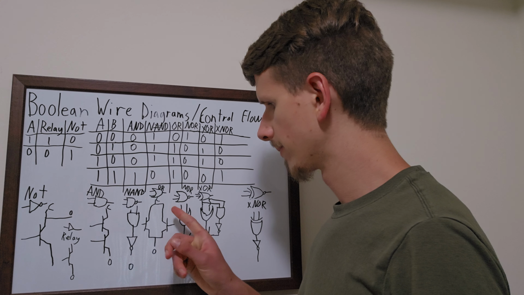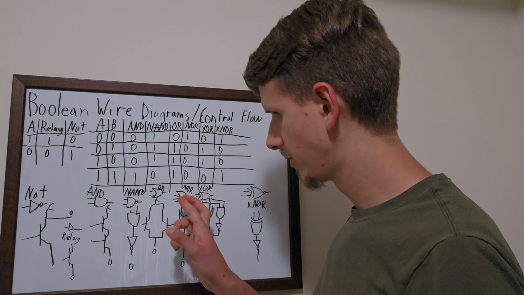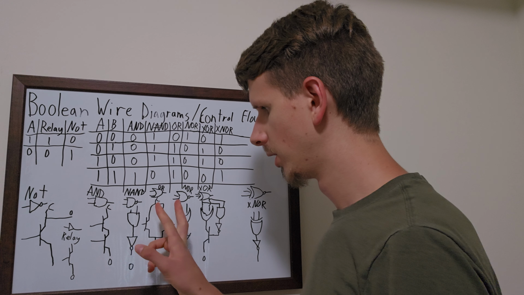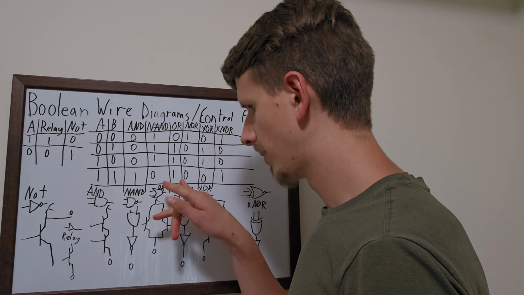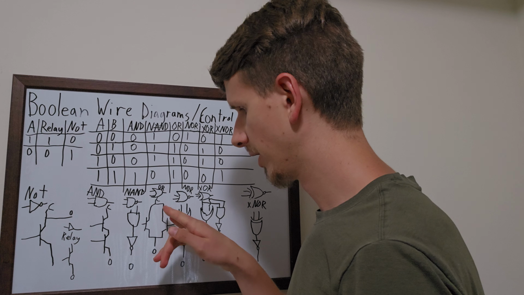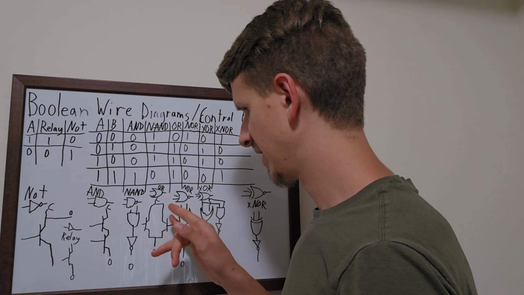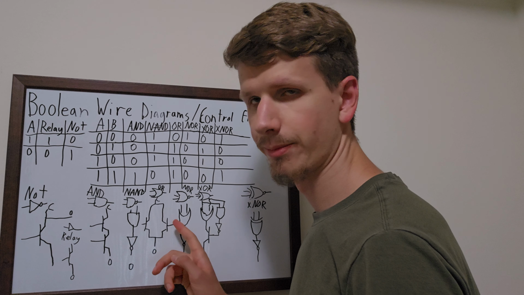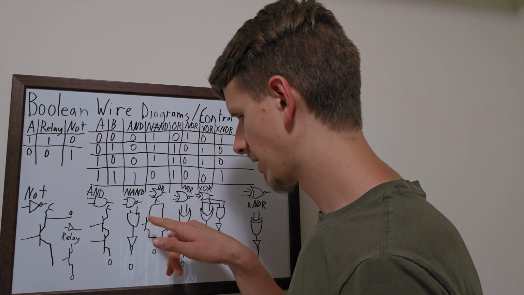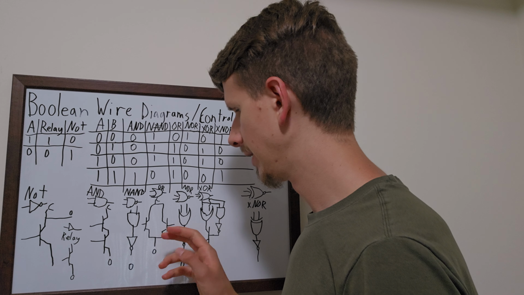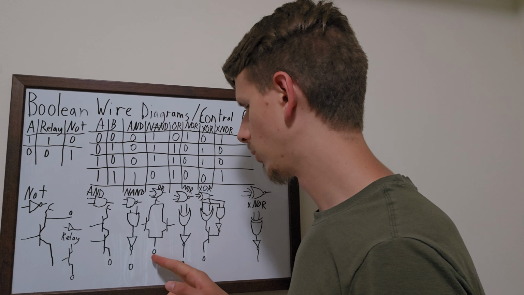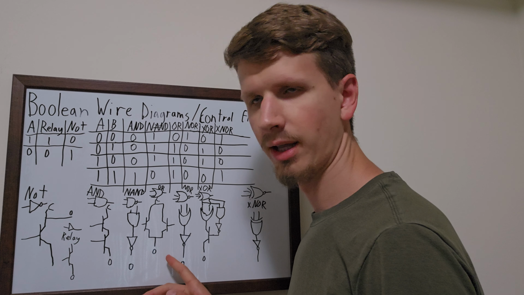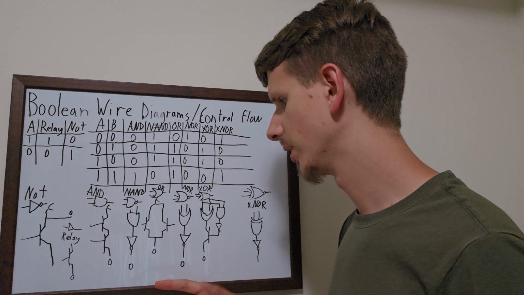And then with OR, it's a parallel thing. So we just divide the circuit in two. So then we have two charges going through, or none. Even if just one or both of these transistors are on, then the current will flow through here, and we'll get an output of 1.